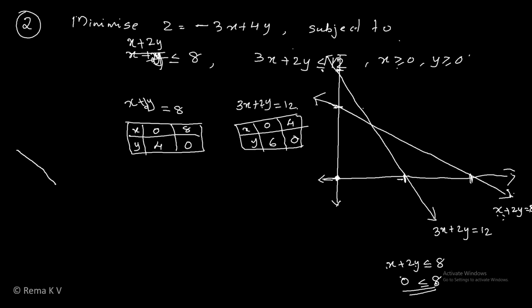See, this line divides the plane into two. This part is one and this part is the other one. We are considering a point 0, 0 from this plane, and we substitute the values here. If this statement is true, then you have to consider the plane where the 0 is included.